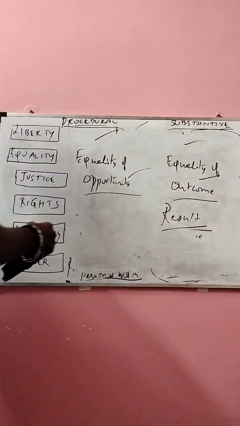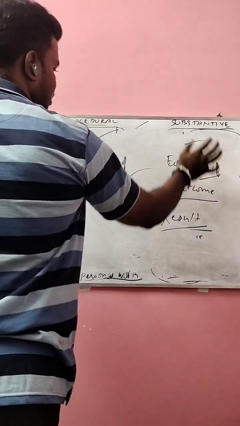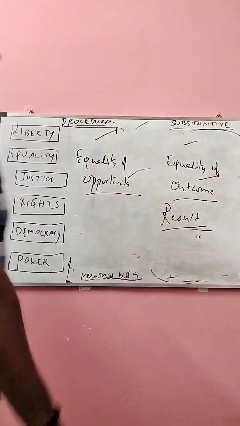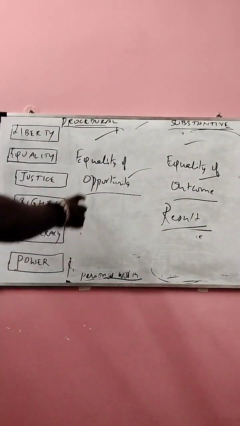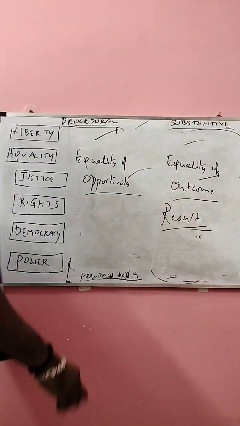The result is very important. As already mentioned, poor children may not be able to compete on par with richer students from an elite background or from an economically better background. Here the substantive scholar will go by the result. According to him, equality of opportunity alone is not important. Equality of outcome is important.